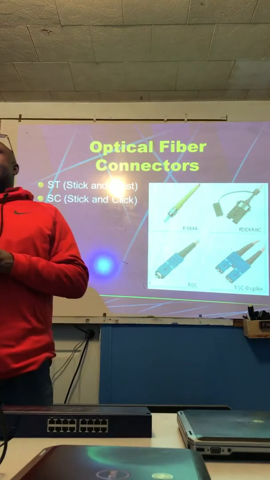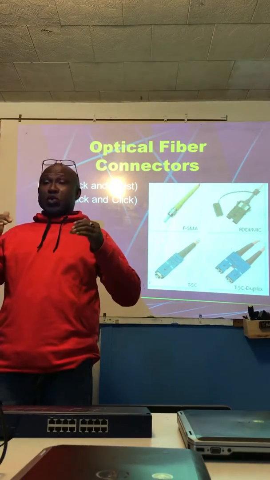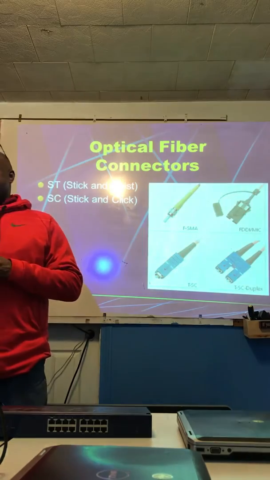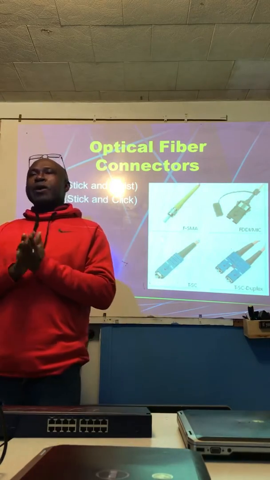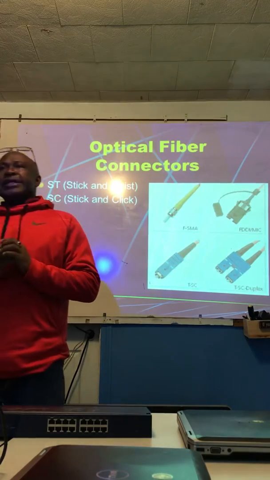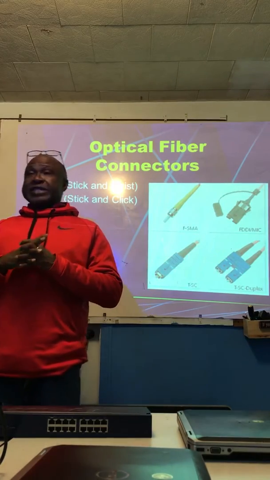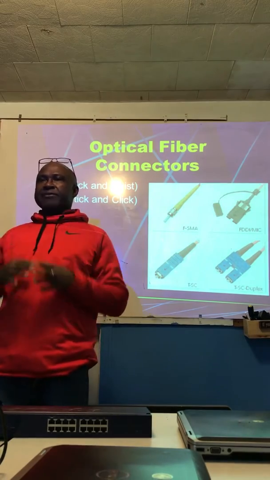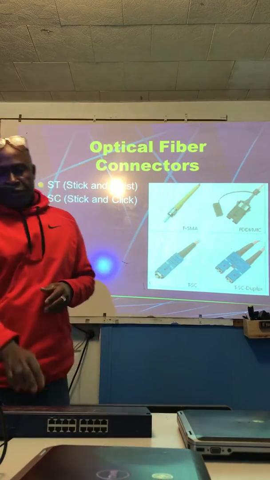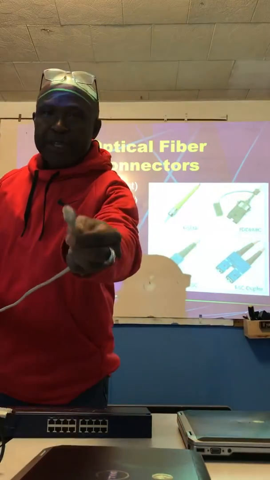And we said the twisted pair cable is the standard cable for local area networks. The twisted pair cable uses a connector named RJ45. So the RJ45 is that connector.